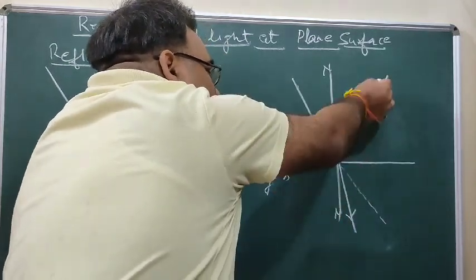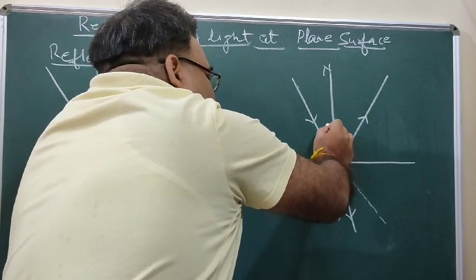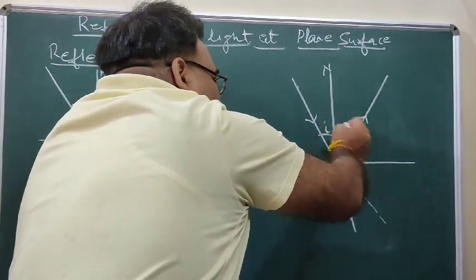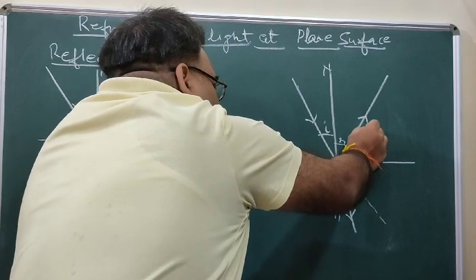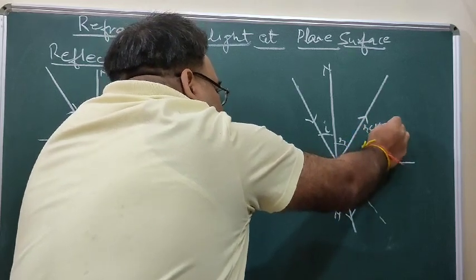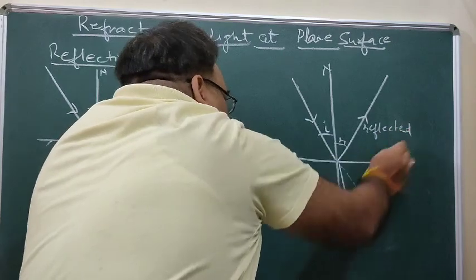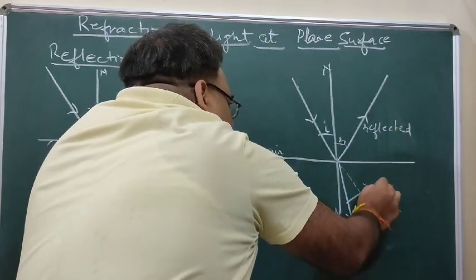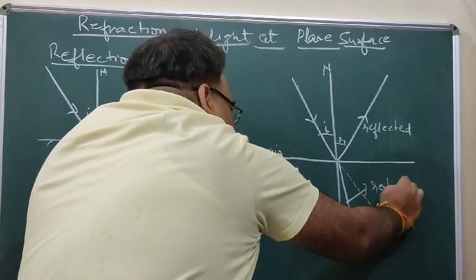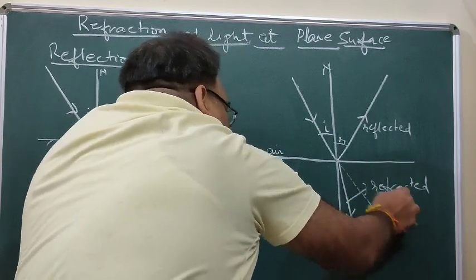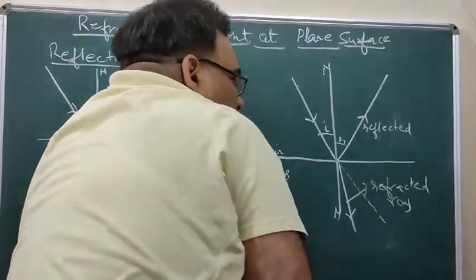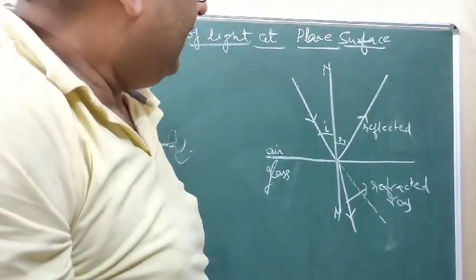And partially it is refracted, guys. So this is the incident ray, I, and this is R. This is the reflected ray, and this ray is the refracted ray. So what has happened here?